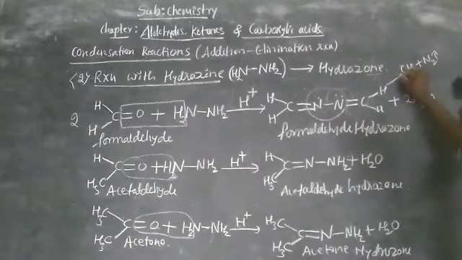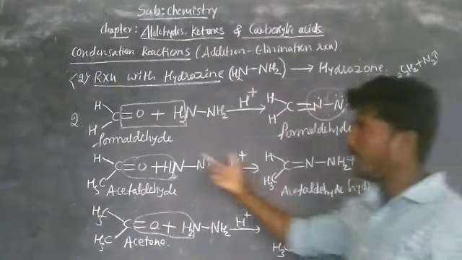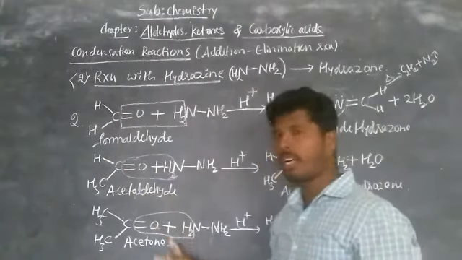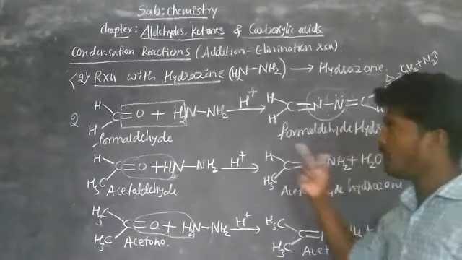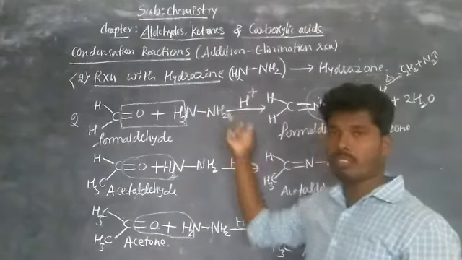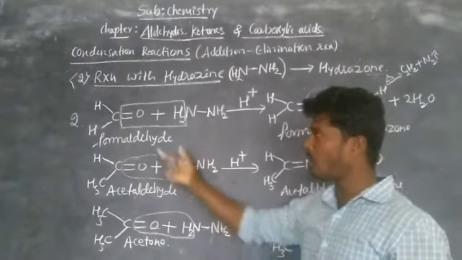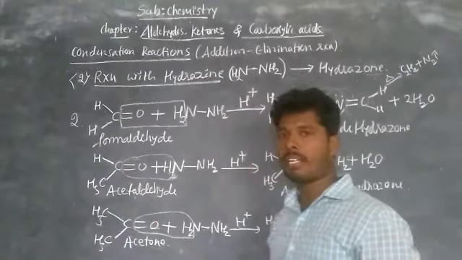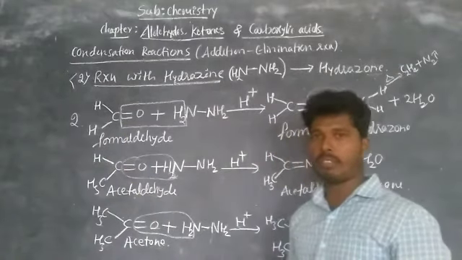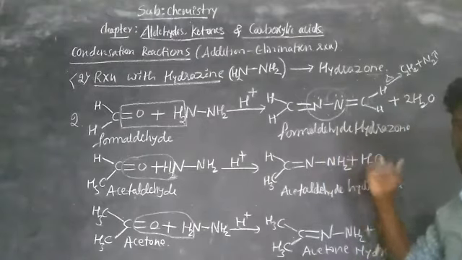This will happen when we are heating this product with excess of aldehyde or ketones. Okay, this is the side reaction. So when we are doing reactions with hydrazine along with aldehydes or ketones, meaning carbonyl compounds, we should take the minimum quantity of aldehydes or ketones with hydrazine. This is the side reaction or some extra information.